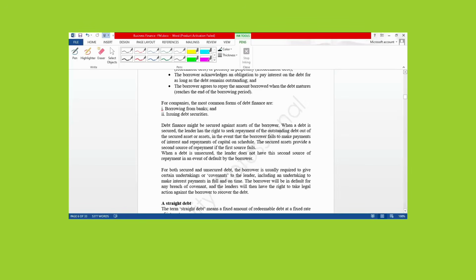These interest payments enjoy tax relief. The tax relief makes debt capital cheaper than equity capital.